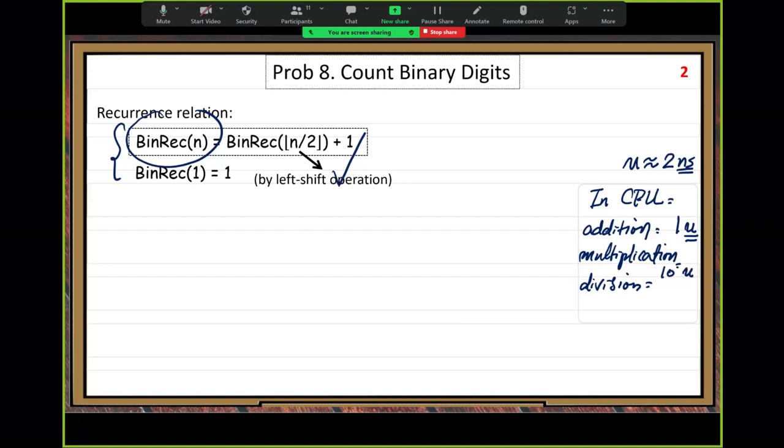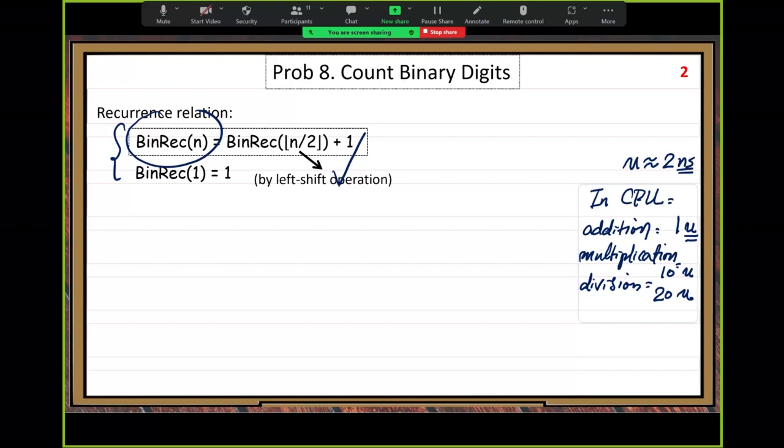Then division, we need to use 20 units. That's the approximate amount of time you need inside the CPU. You can see the ratio, the scale, for the approximate computation time. The difference is pretty big.